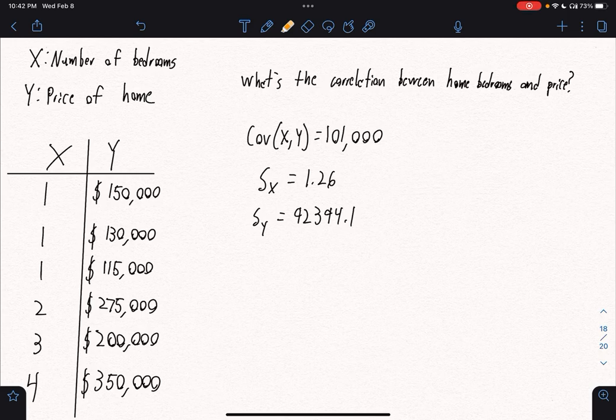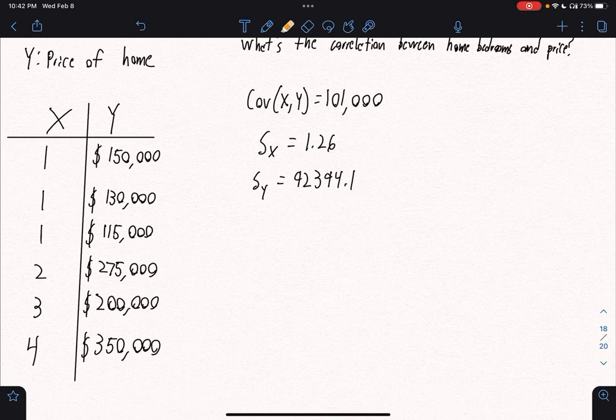If you go back to, I think it was our second video for chapter 3, we found the standard deviation of X to be 1.26. So you can go back to verify that. And then I calculated the standard deviation of Y, and it's 92,000. Okay, and we ultimately want to calculate the correlation between X and Y. So we know that the correlation between X and Y is equal to R. R is our measure.